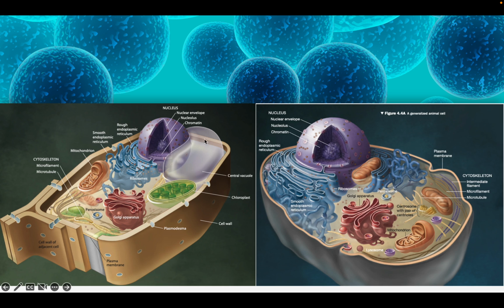Next, we have chloroplasts. They are found only in plant cells and some protists. They are responsible for photosynthesis. They convert sunlight into chemical energy and produce glucose.